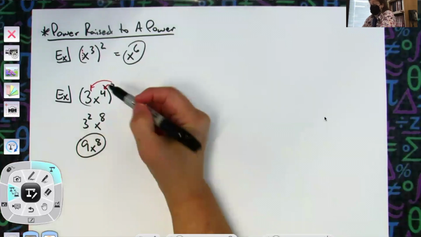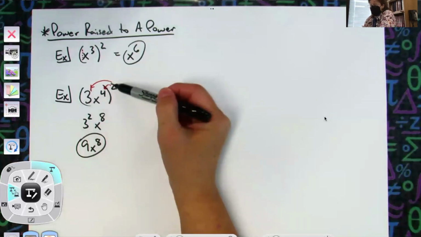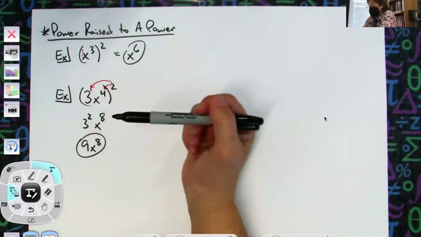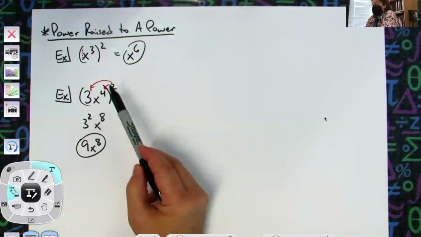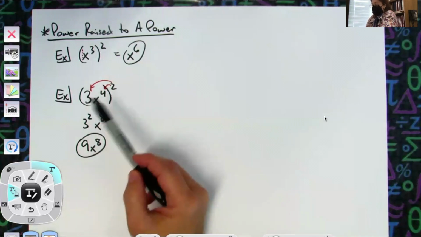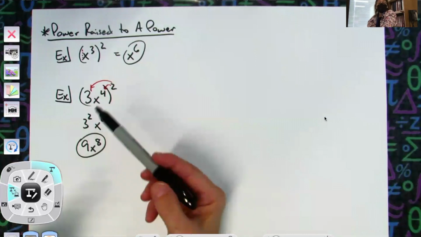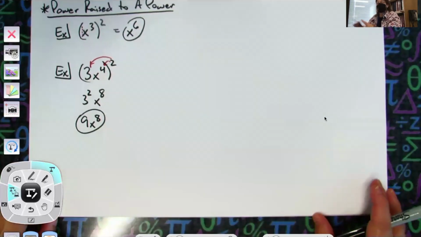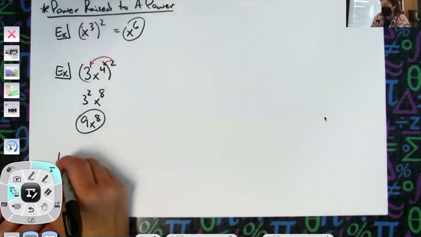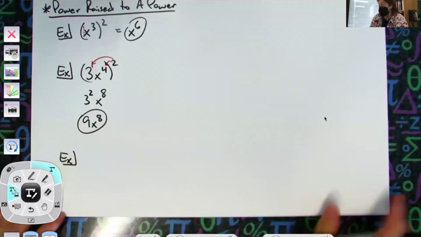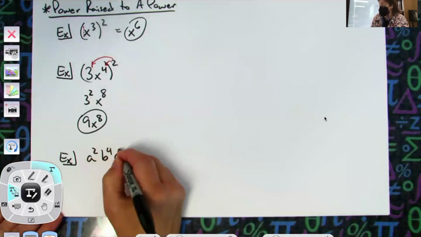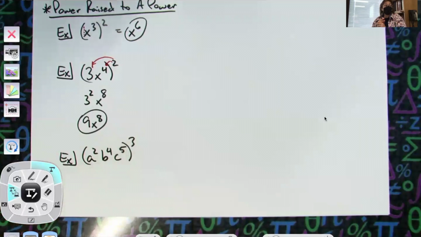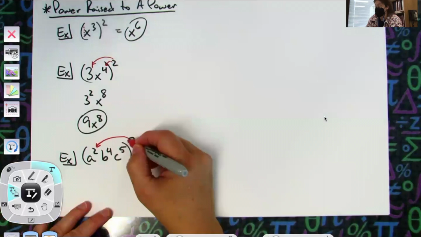I see a lot of people try to do 3 times 2 on the coefficient and put a 6 there, or they ignore it altogether and write 3x to the 8th. But a power raised to a power has to be applied to every exponent on the inside. It's obvious when you've just got a bunch of letters. If I had, say, an a to the 2nd, b to the 4th, and c to the 5th, and I'm raising that to the 3rd power, you do it to every exponent on the inside.